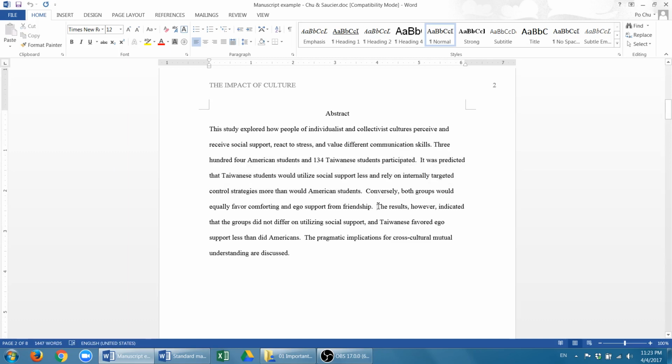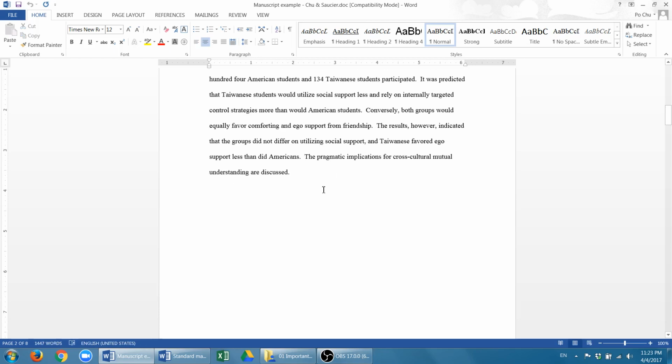And then the result, however, indicated it did not support the hypothesis. Kind of sucks, but anyway. And then finally, the last sentence just says pragmatic implications for cross-cultural mutual understandings are discussed.